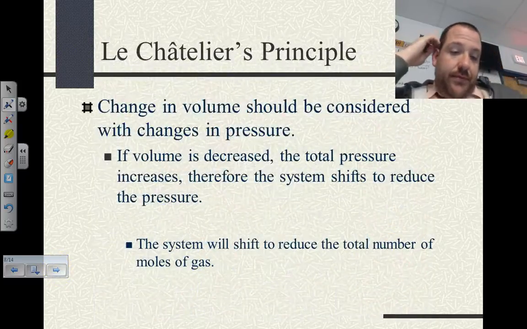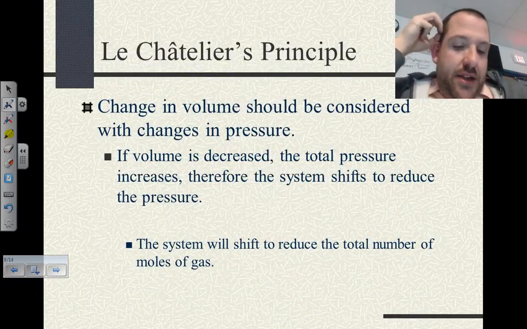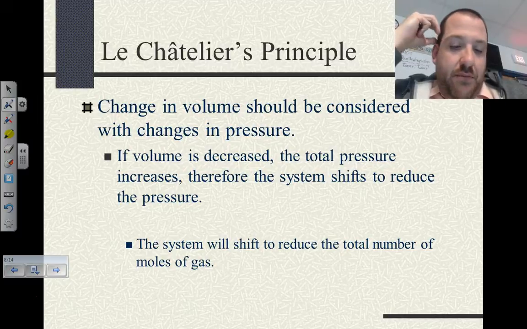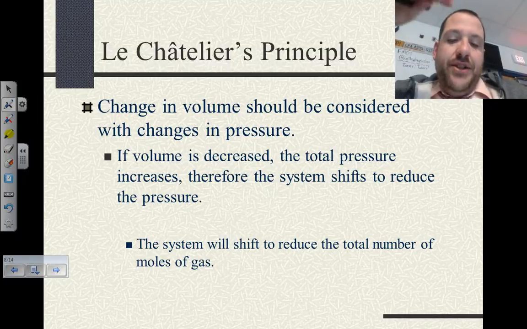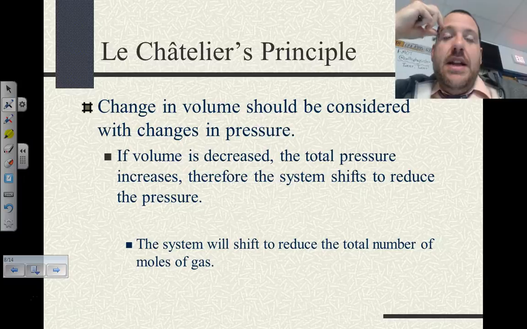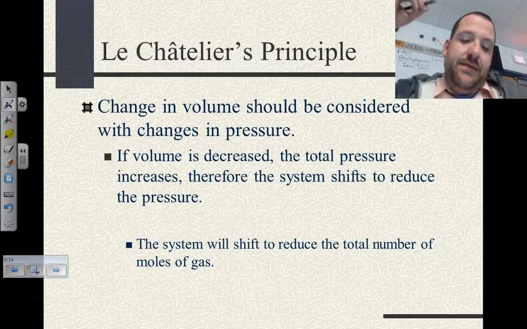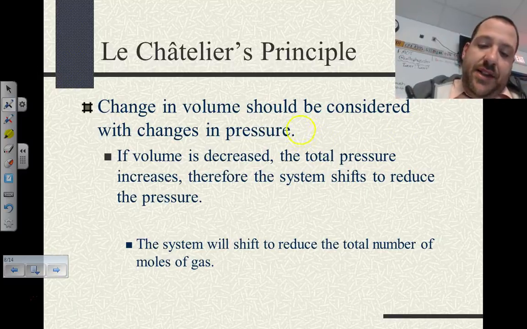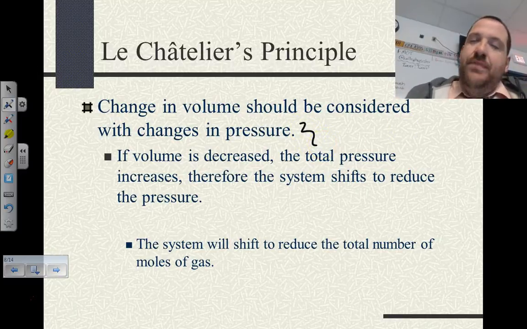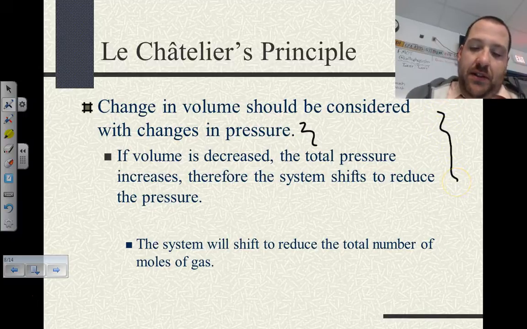Now, here's the kind of funny thing. When you think about change in volume of a system, you're not really talking about changes in pressure, but you can kind of consider it as a change in pressure. I'm going to skip over this a little bit, and this is from the book.